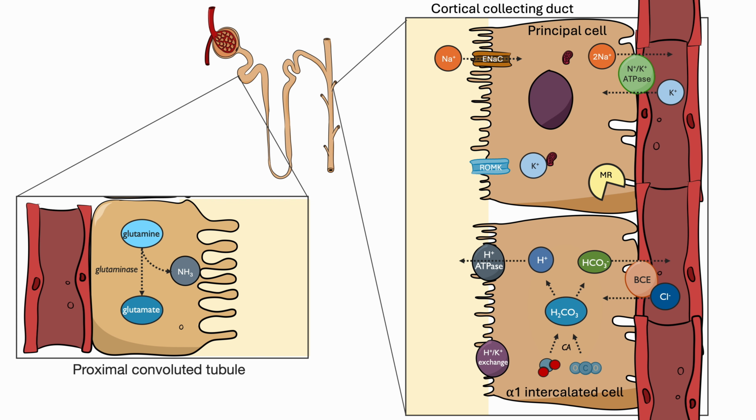Recall that the first step of bicarbonate production is sodium reabsorption by the principal cell via the ENaC. The remaining negative charge within the tubular lumen promotes hydrogen secretion by the hydrogen ATPase. Then hydrogen is buffered by ammonia or titratable acids and cannot be reabsorbed due to an impermeable cortical collecting duct membrane.